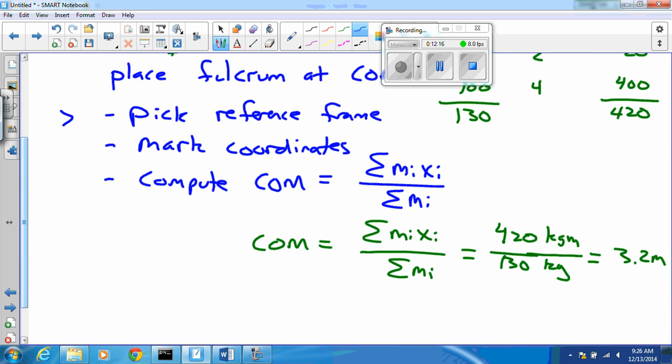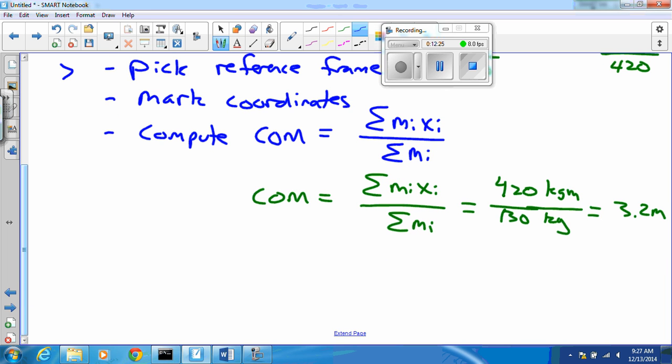Now, I want you to notice that the number that we got, 3.2, was dependent upon the reference frame. However, the actual physical location is independent of the reference frame. To see this, I want you to take a minute to rework this problem, but with a different reference frame.